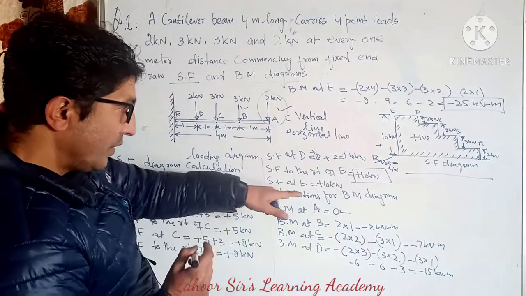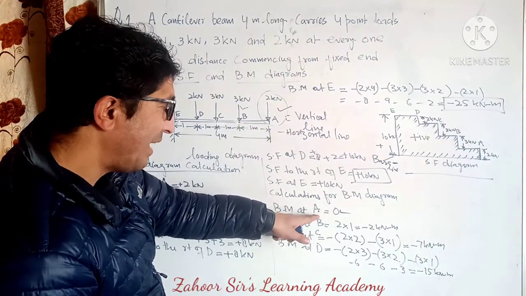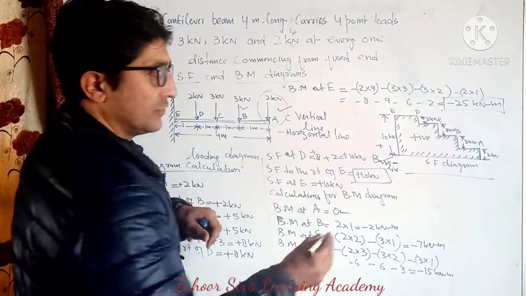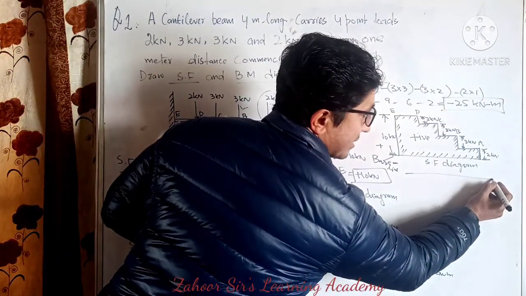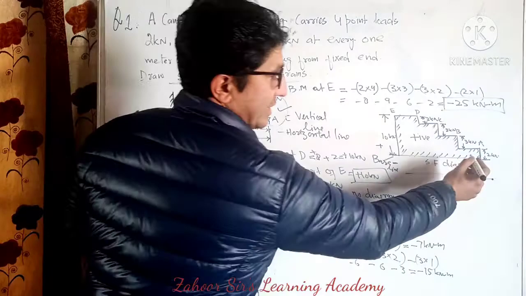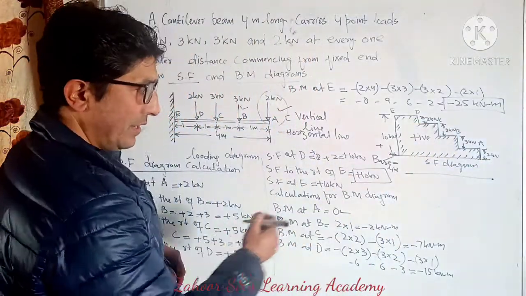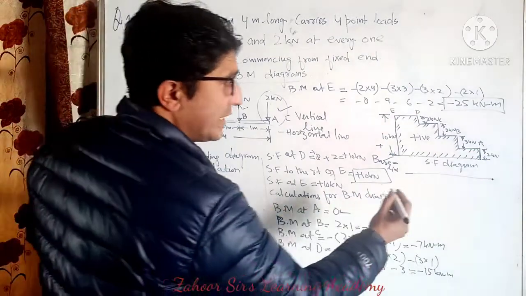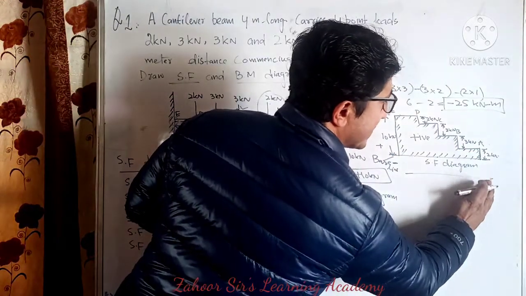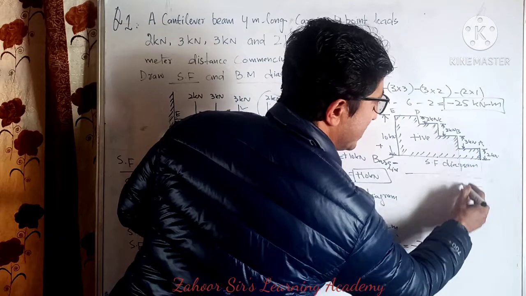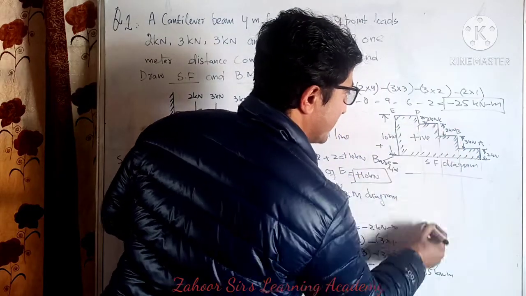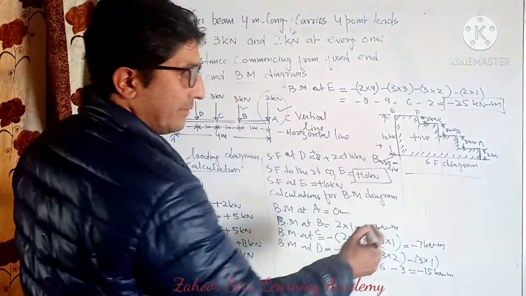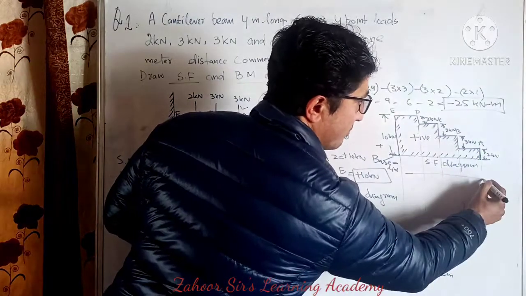Okay. What was the BM at A? 0. So that means this is the first point, this A point. It is 0. Now at B, we'll increase these points.